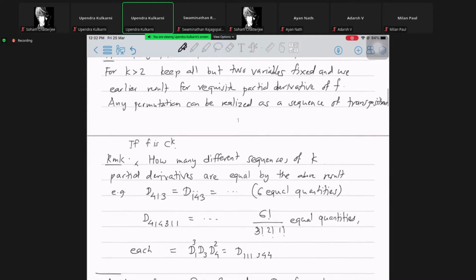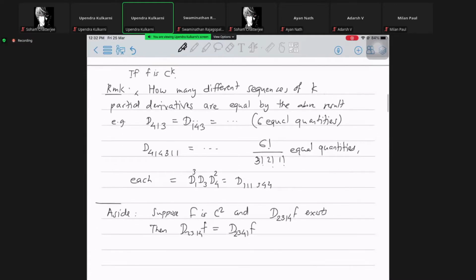So what I'm doing is, let us say there are only 4 variables. So I keep x2 and x3 fixed. So let us say I want to show the equality of these 2 derivatives at any given point. Right? So this will have 4 components. The second component and the third component I will just hold fixed and look at only variation with respect to the first and 4th variables.